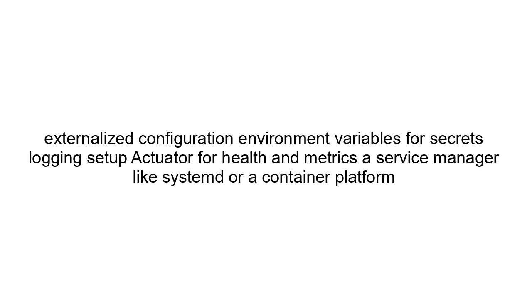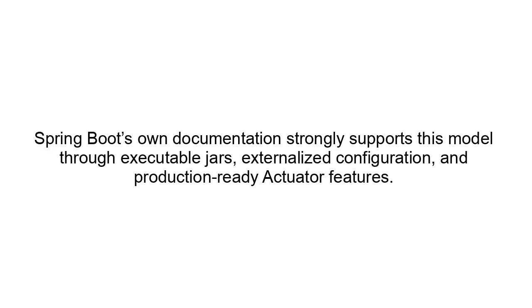And the production environment should usually include externalized configuration, environment variables for secrets, logging setup, Actuator for health and metrics, and a service manager like systemd or a container platform. Spring Boot's own documentation strongly supports this model through executable jars, externalized configuration, and production-ready Actuator features.